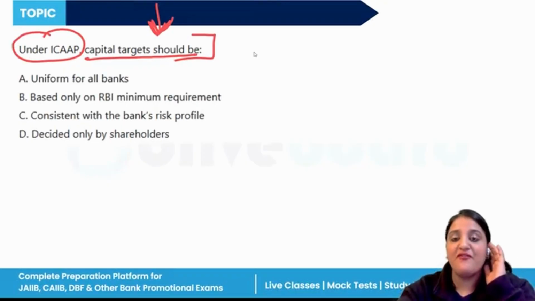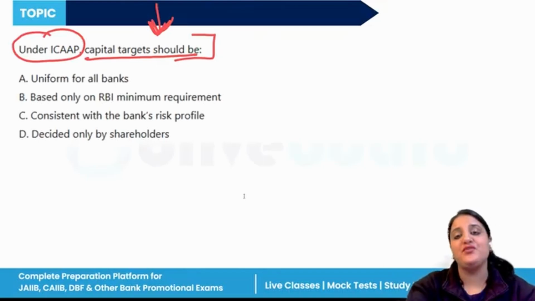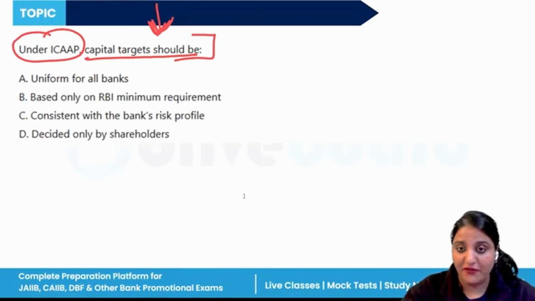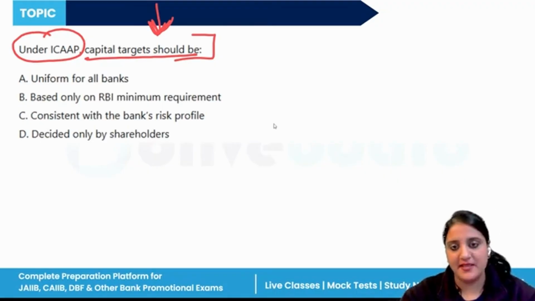Capital adequacy depends on the risk profile. Capital adequacy is a function of risk profile and operating environment. Banks have to set the capital targets consistently with the level of risk, business exposure, and economic environment. If the risk is higher, the capital target is higher. If the risk is lower, the capital requirement is lower.